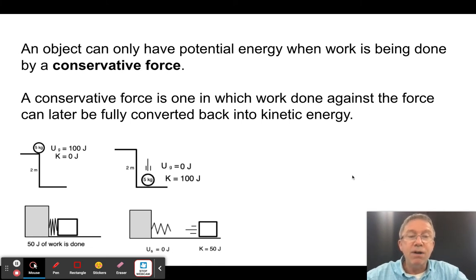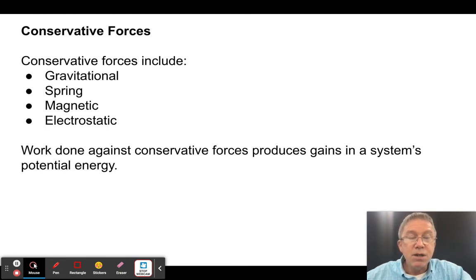This is true with gravitational force and spring force. So the work done lifting this against gravity can later be reconverted back into kinetic energy. The work done compressing the spring can later be reconverted back into kinetic energy. So we'd say gravitational force and spring force are conservative forces, right? Where the energy can be converted back into kinetic energy.